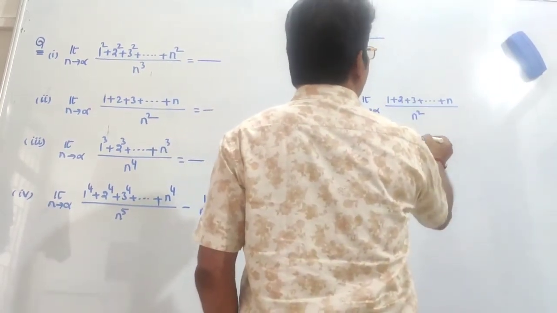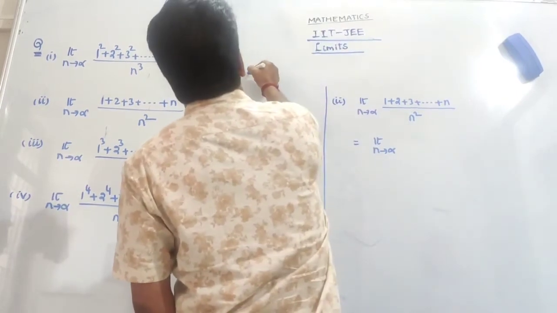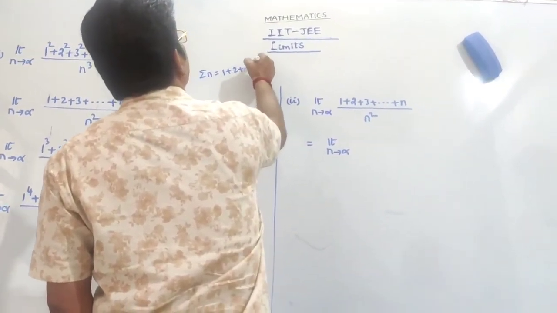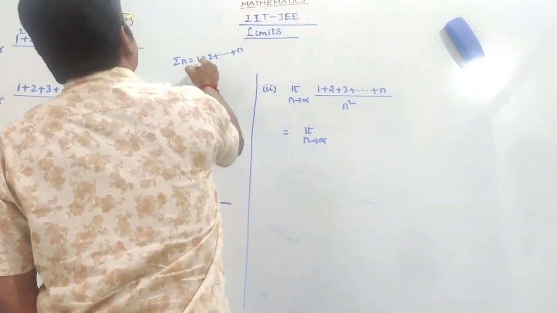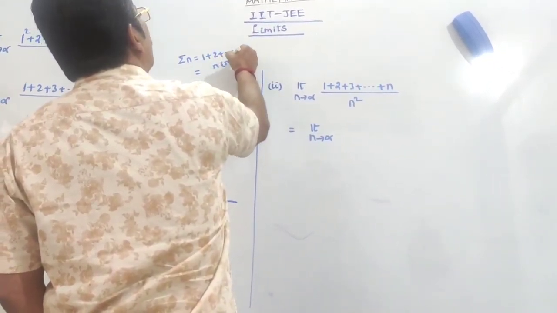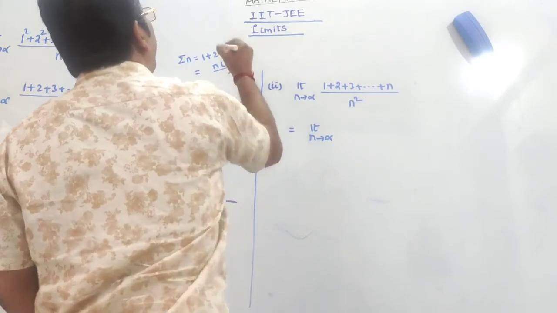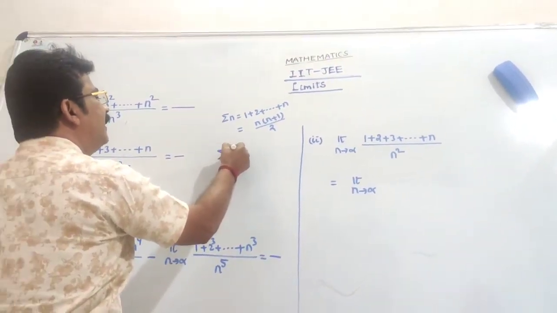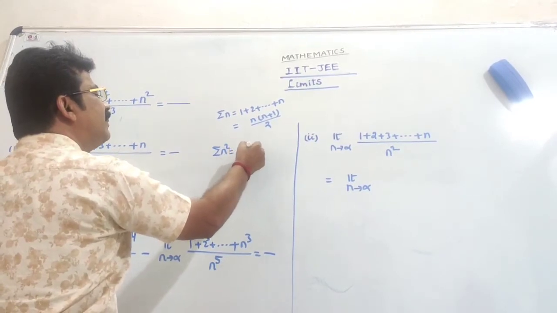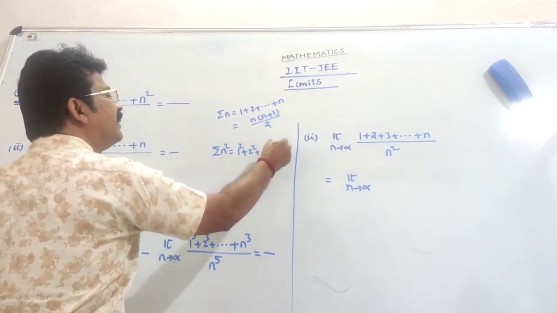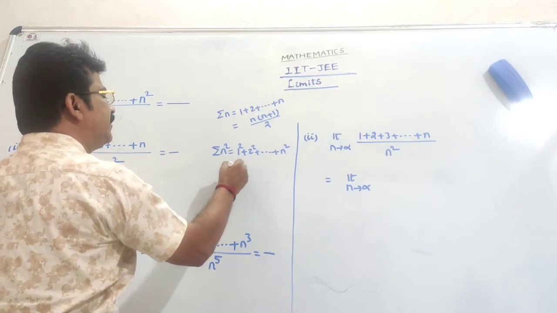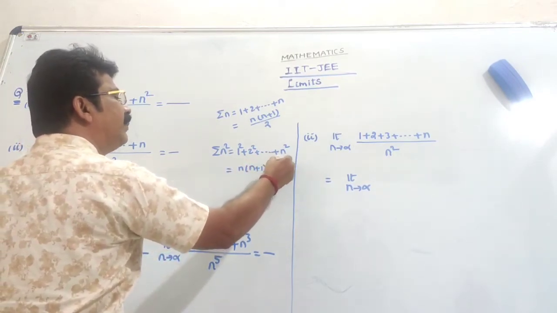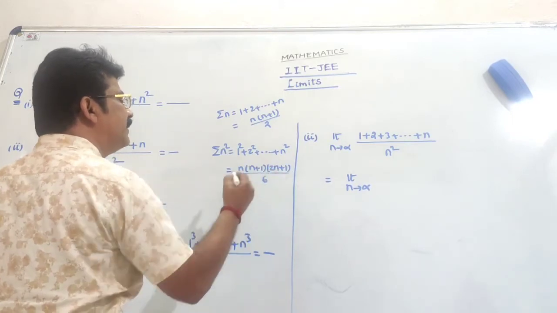The sigma n formula is: sigma n equals 1 + 2 + and so on + n, which is n(n+1)/2. Next, what is sigma n²? It means 1² + 2² + and so on + n², which is n(n+1)(2n+1)/6.